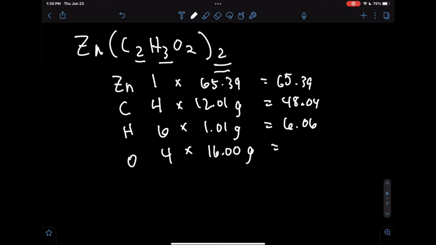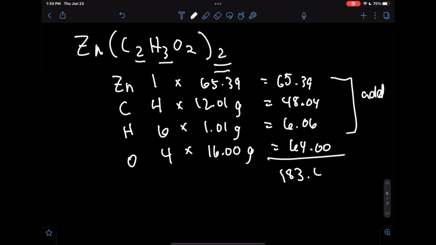And 16 times 4 gives us 64. And you just add all these up. This will give us a total molar mass of around 183.49 grams per mole.